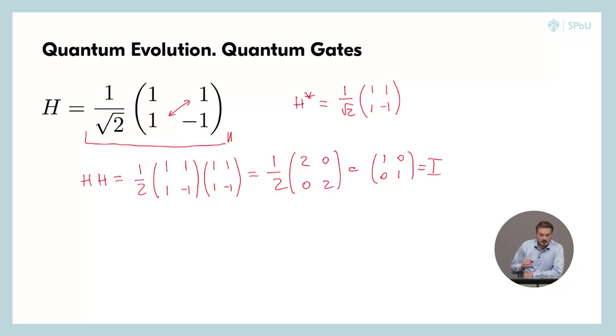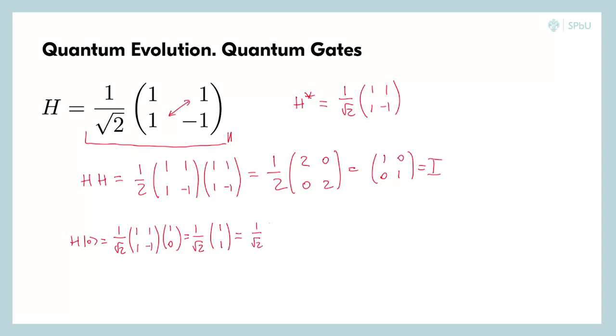Let's see how it acts on our basis 0 and 1. So H of 0 is 1 divided by square root of 2 times the matrix 1, 1, 1, minus 1 applied to the vector 1, 0, which is 1 divided by square root of 2 times 1, 1, which is just this vector, the Hadamard plus.